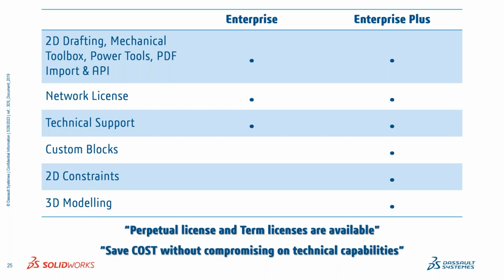And 2D geometric and dimensional constraints, if you want to give them to the engineering data, are available in Enterprise Plus, along with 3D modeling capabilities. Apart from these three, all the other tools like power tools, image tracer, mechanical toolbox, PDF conversions, API, or Lisp programs are included in both variants.